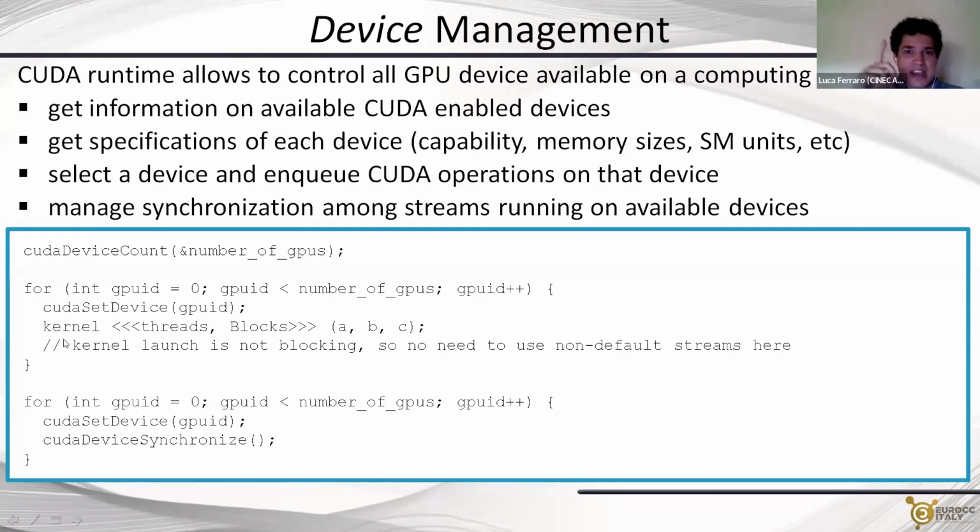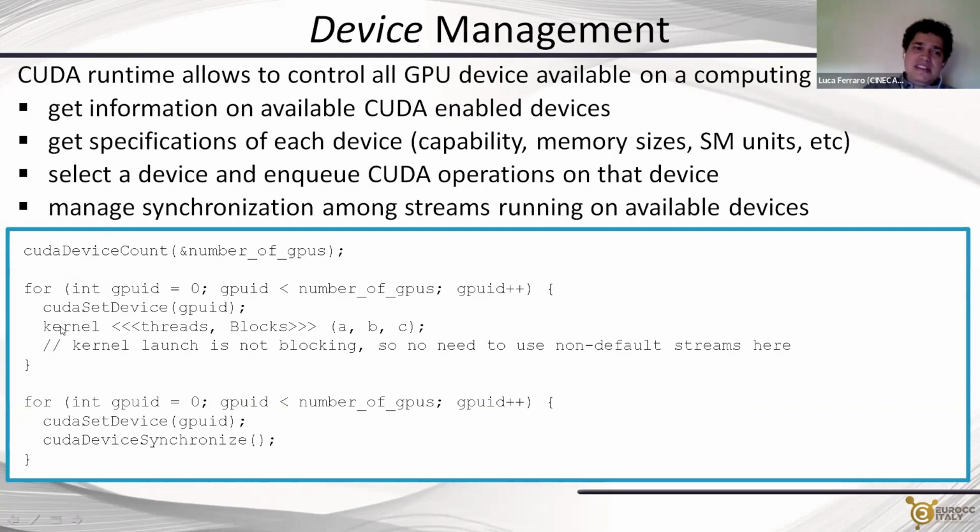Since a kernel launch is an asynchronous operation, while the kernel is running on GPU 0, the loop control goes again to the for, and the GPU ID now turns to 1. I select CUDA set device 1, and while the kernel on GPU 0 is running, I launch this kernel on GPU 1. And while it is running, I select GPU 2 and 3 and so on.